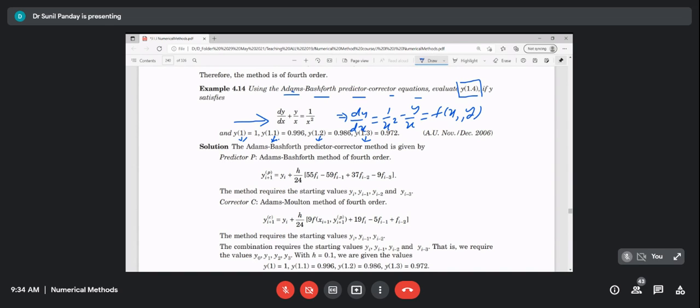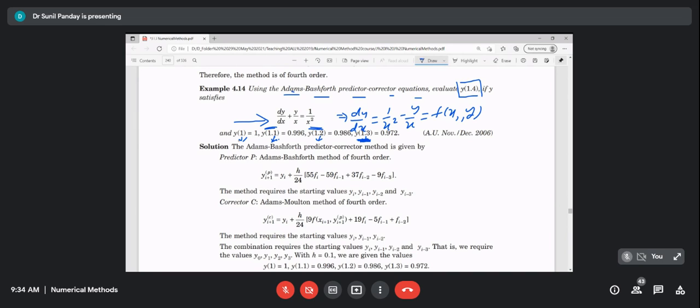In this problem, they have provided the values of y at 1.1, 1.2, and 1.3 also. But as you know, earlier when we applied the Adams-Bashforth method, sometimes these values y1, y2, and y3 are not provided to us.